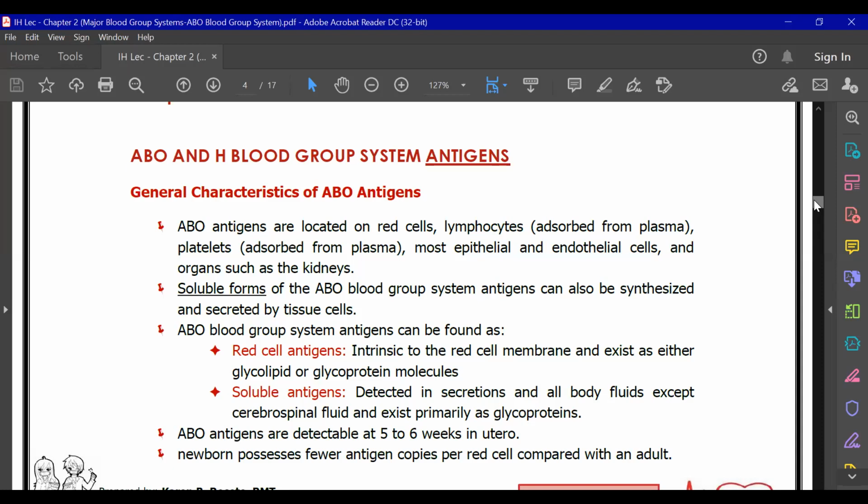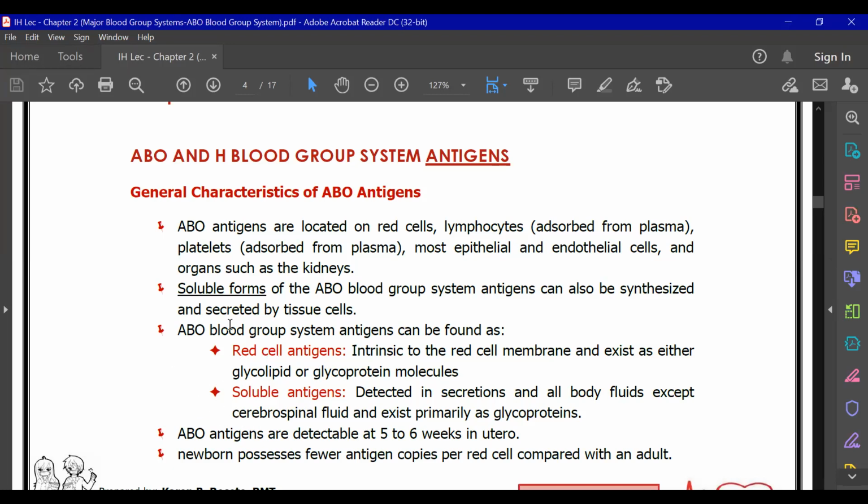Okay. Your ABO antigens that are located on your red cells are now called red cell antigens. And ABO antigens that are synthesized and secreted in the body fluids are your soluble antigens.